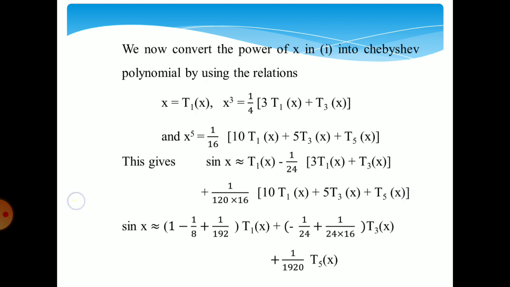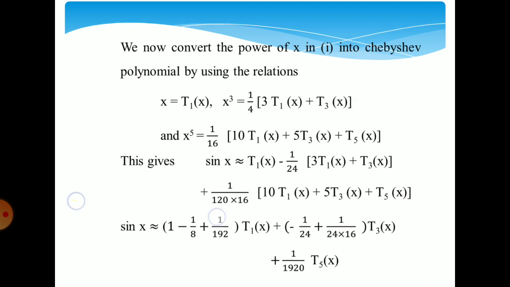Then taking t1x, t3x and t5x common from the right hand side, you will get sin x is equivalent to 1 minus 1 by 8 plus 1 upon 192 t1x, because there are three expressions with t1x.